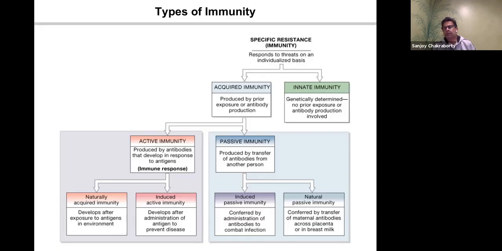So that's natural passive. Induced passive means when you are sick, if you have health issues, you are admitted to the hospital, and a healthcare professional gives you antibody directly. They're injecting the antibody directly. Those antibodies are either manufactured or taken from another human being.